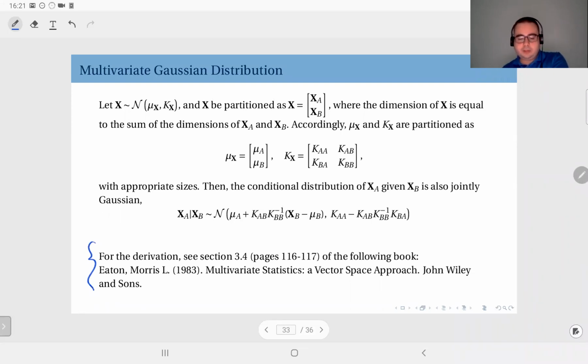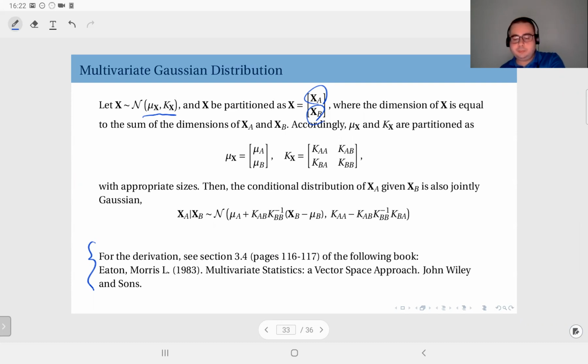Let's say you have a multivariate Gaussian distribution of size n. We know the mean vector and we know the covariance matrix. Let's say we partition x into two parts, x sub a and x sub b. Of course, the dimension of x will be equal to the sum of these dimensions.